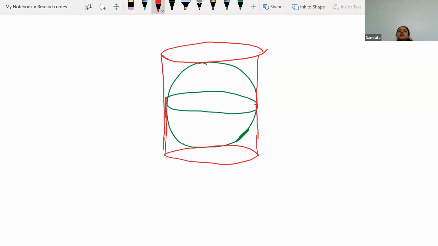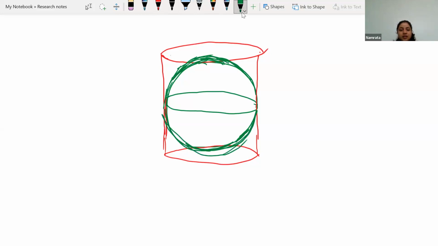This is how the cylinder is enclosing the sphere, which has completely filled and taken all the space inside the cylinder.